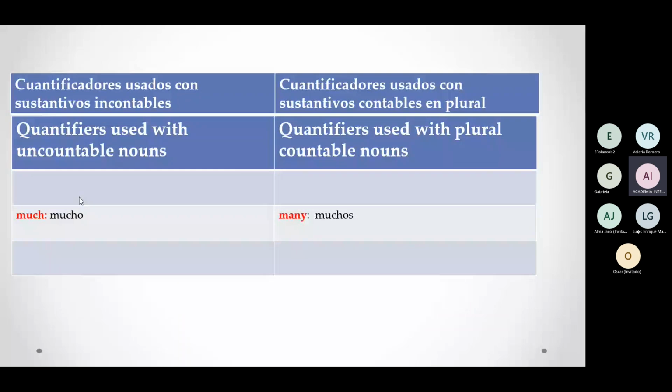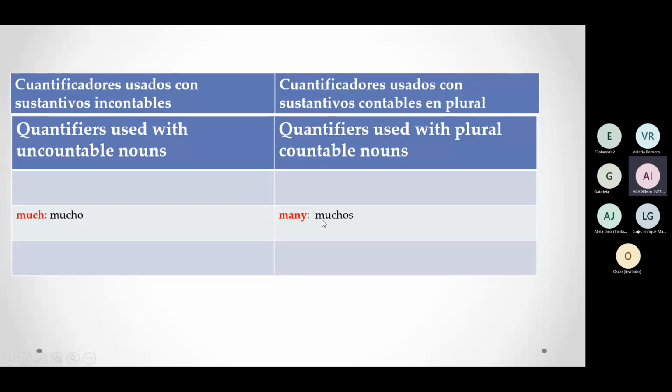Bien. Quantifiers used with uncountable nouns. Much. This means mucho o mucha. All depends on what we are talking about, de lo que estamos hablando. Quantifiers used with countable nouns.